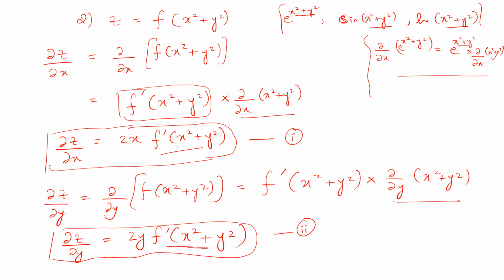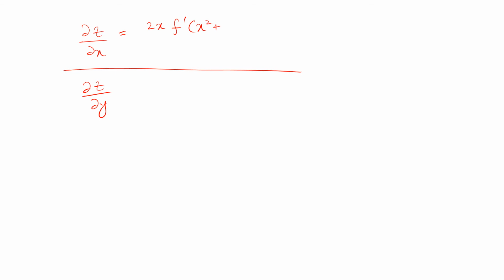So let's do that. We will divide dz over dx by dz over dy, that is equal to 2 times x multiplied by f prime of x squared plus y squared, divided by 2 times y f prime of x squared plus y squared.